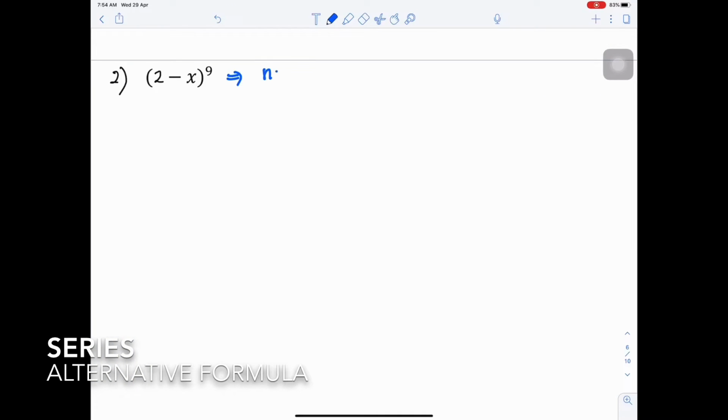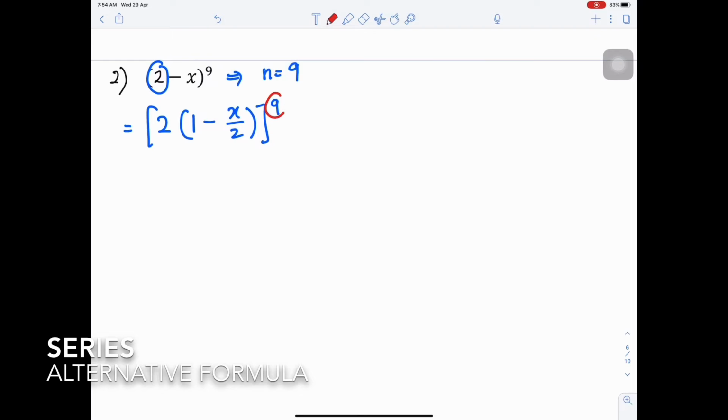You know n equals 9. If you can see, the first variable is not 1, so you have to make it 1. How? Factorize the bracket. Factorize 2, and we get 1 minus x over 2, with the bracket to the power of 9.